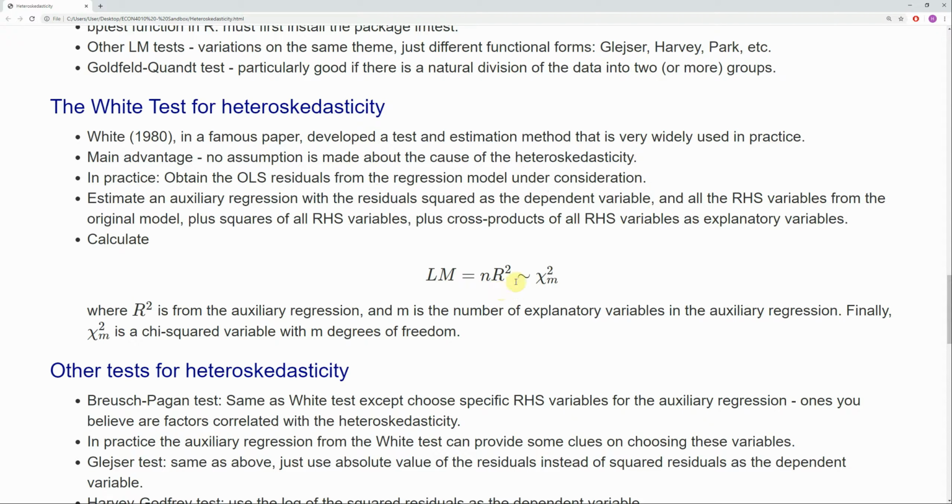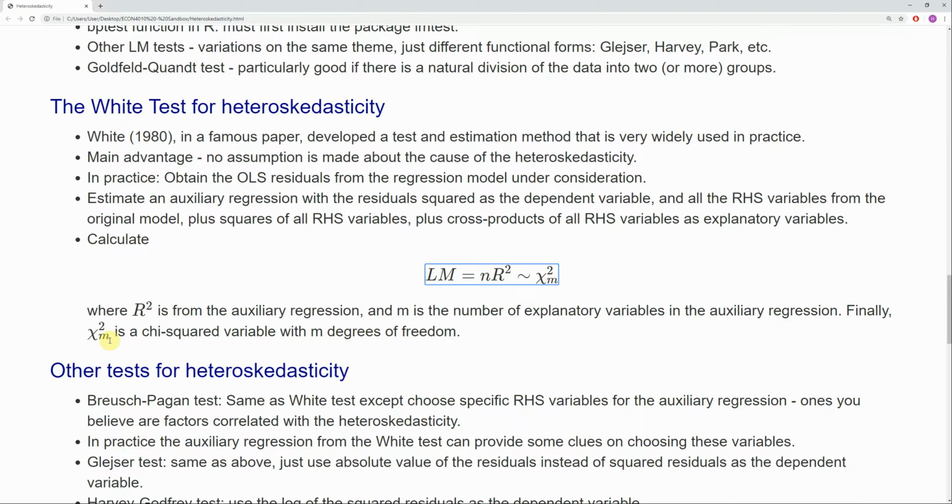So after that, he gets a new R squared from the auxiliary regression, takes the number of observations, and multiplies them. He proves that this is going to be a chi-squared random variable with m degrees of freedom, and that's going to be the test statistic, and you go to that distribution to see what kind of p-value it gets.